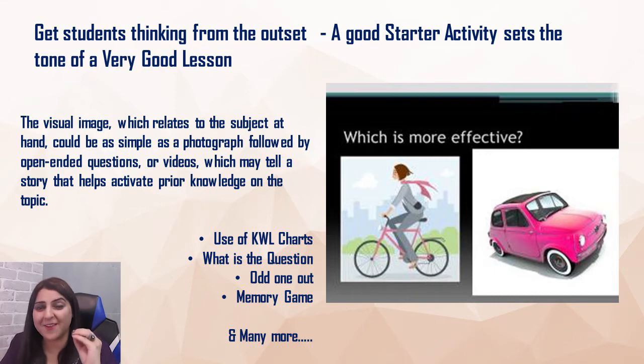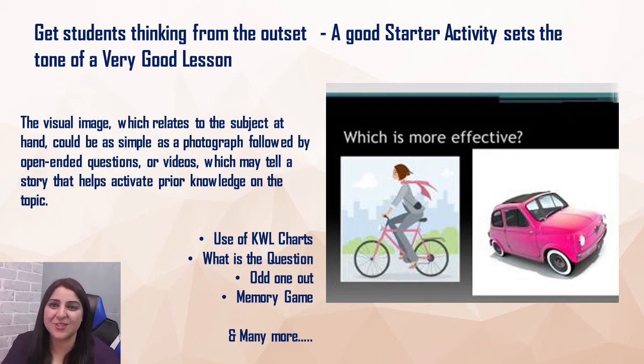So those 5 minutes, those 10 minutes that you dedicate and call your starter are very, very important. You're definitely checking their prior knowledge, but in order to do that, you need to keep in mind that those need to be interesting. So it could start with open-ended questions.